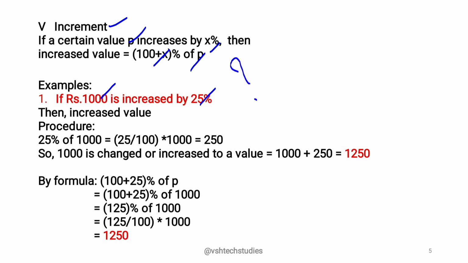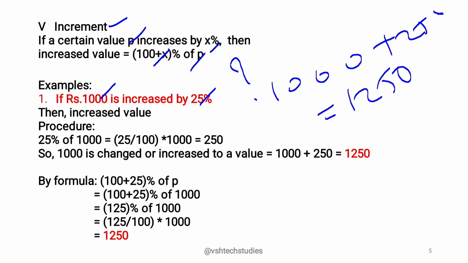The original value is 1000. 25% of 1000 means 250. So 1000 increased by 25% means 1000 plus 250, that is 1250. So 1000 when increased by 25% becomes 1250.